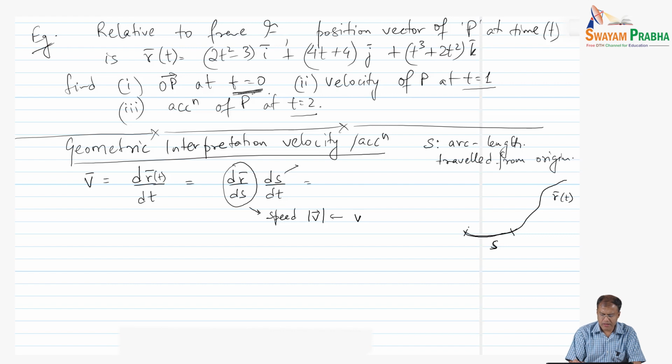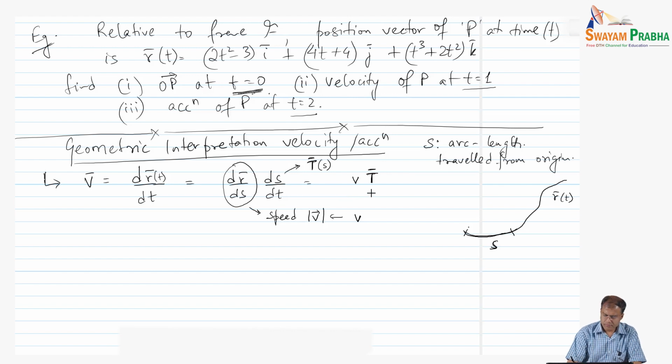And then ds/dt, the rate of change of arc length with respect to t, is nothing but our tangent, T(s). So our instantaneous velocity is the speed along the tangent direction. What we have found from this simple exercise is that the velocity always has a direction tangent to the curve, and its magnitude, of course, is the speed.